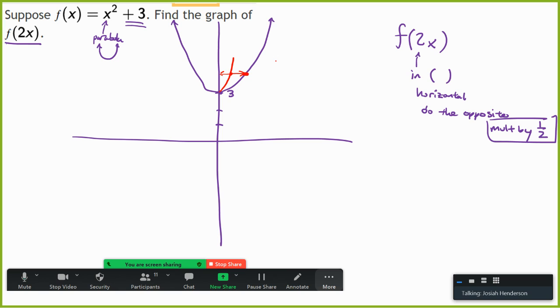It's a horizontal compression. It looks like it should be getting bigger because it's 2 times x. But doing the opposite means we're going to smash it in by a factor of 2. So all spots get pushed in, something like this. So if you pick another spot, that's already this far away from the x-axis, instead, it's going to be halfway. So my picture's a little off. It should be like right here.